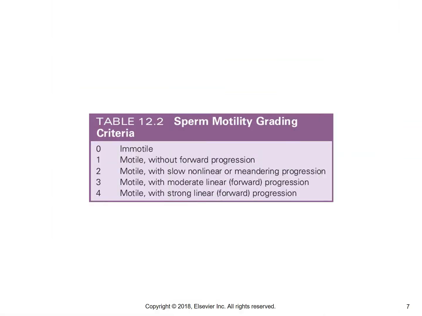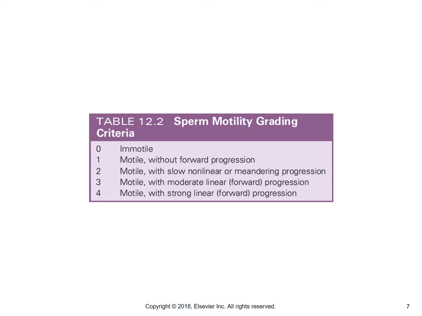So here in table 12.2, the speed and forward progression of each sperm are evaluated. Normally within 60 minutes, 50% or more of the sperm will show a moderate to strong linear or forward progression.